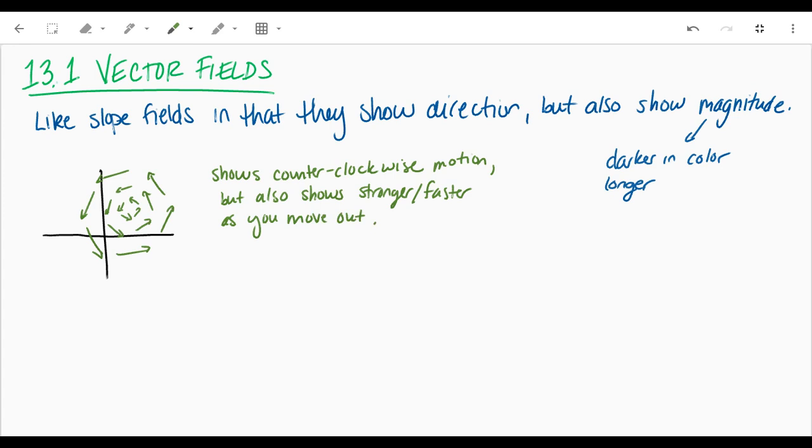This could be wind speed, water current, etc. Oh, I spilled water.